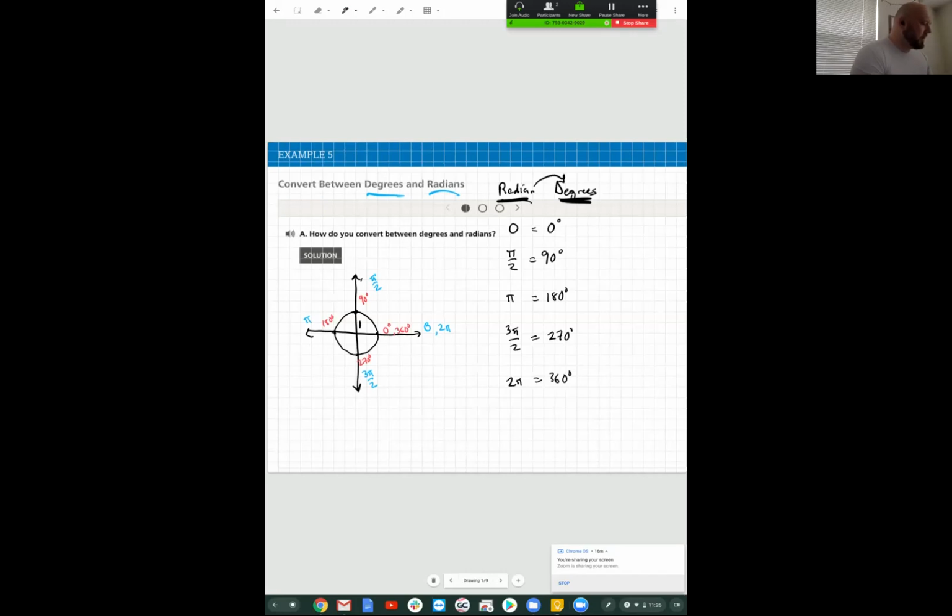The way you want to think about unit conversion here is the same type of thing that you did when you were a kid. Let's say when you were a kid, you had 1 foot, and your teacher was like, how many inches are in a foot? And you say, oh, I know that there's 12 inches in 1 foot.